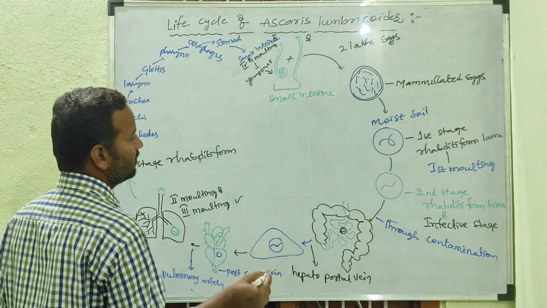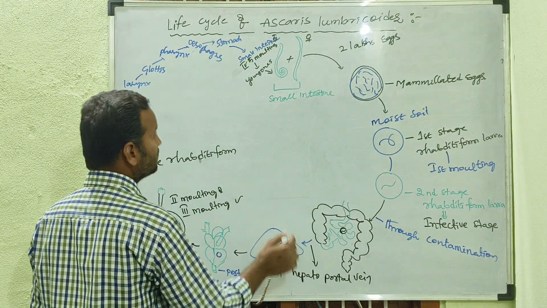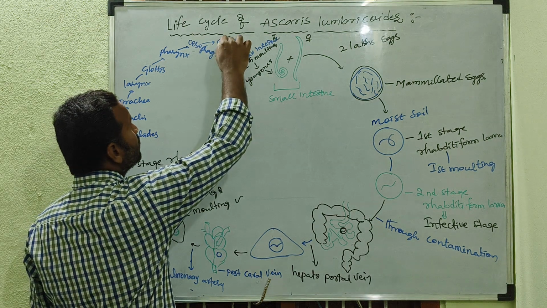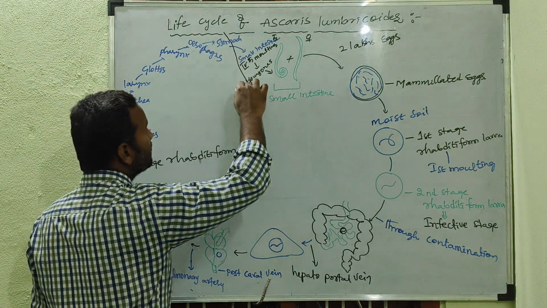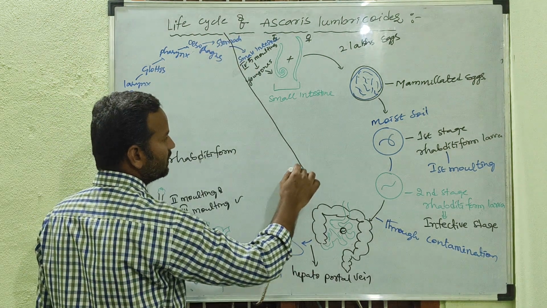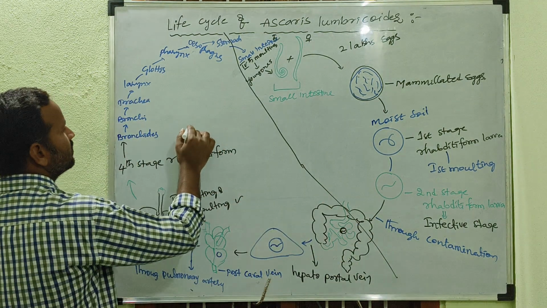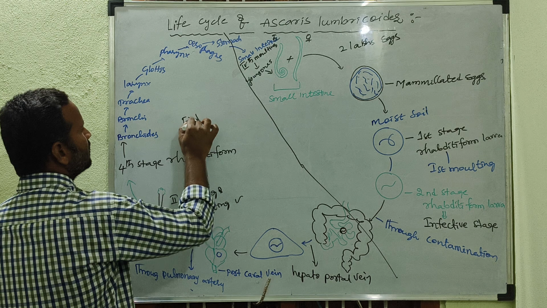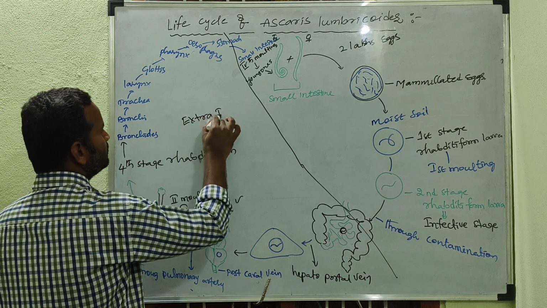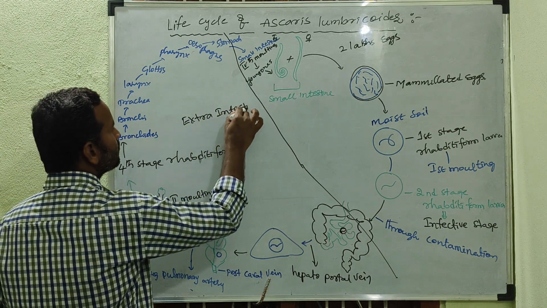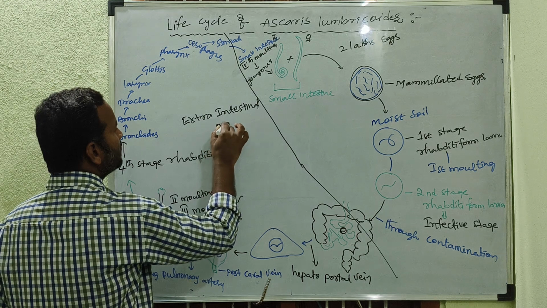I think you know this very well. This is the small intestine, then from the stomach to the small intestine. It is called extra intestinal migration.